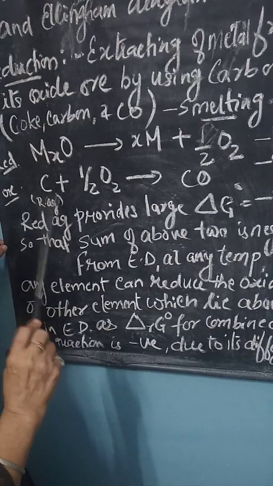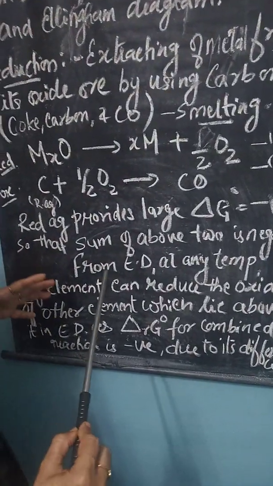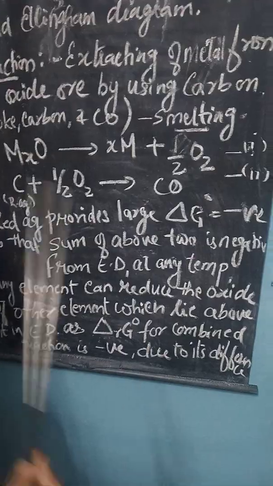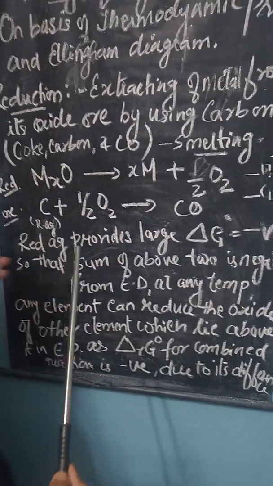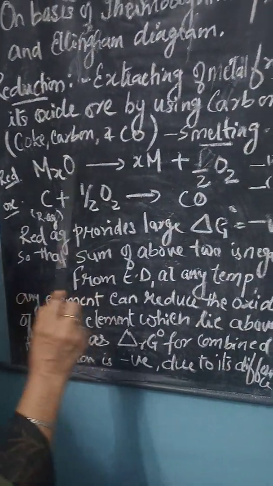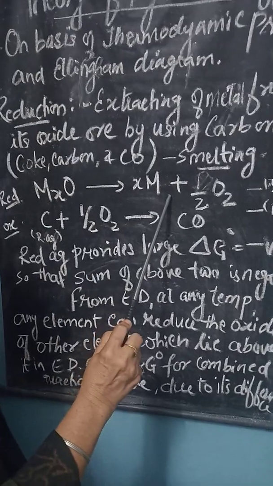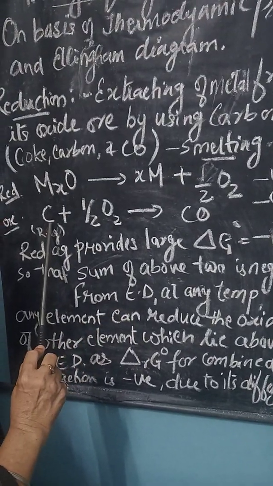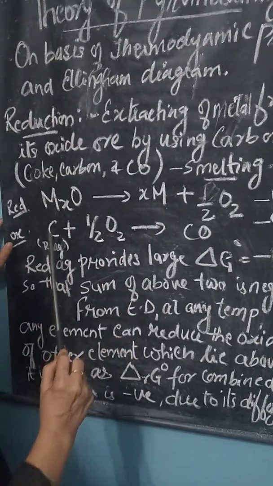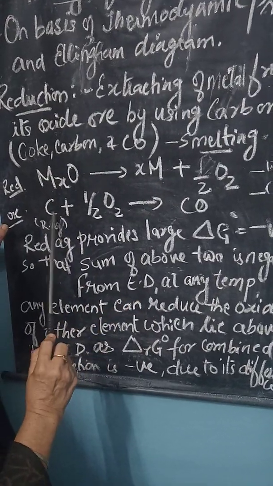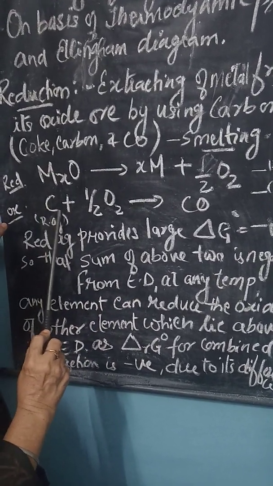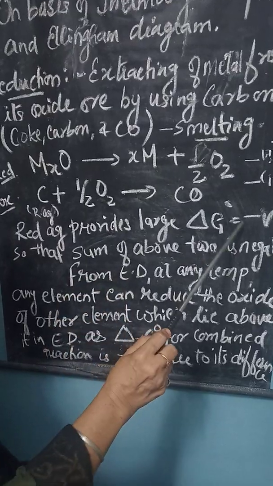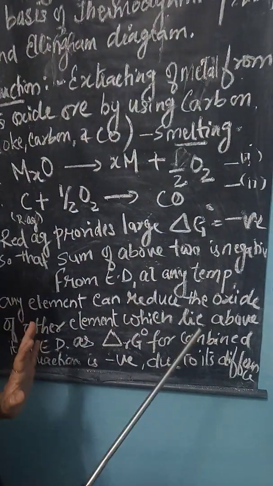Carbon, which is the reducing agent, helps in giving delta G a large negative value. Suppose the first reaction has a low negative value, or sometimes positive also, and this large negative value then combines with it because of the large negative value of delta G by the carbon. The overall reaction becomes negative and the reaction is feasible.